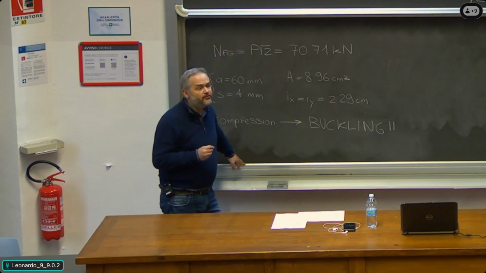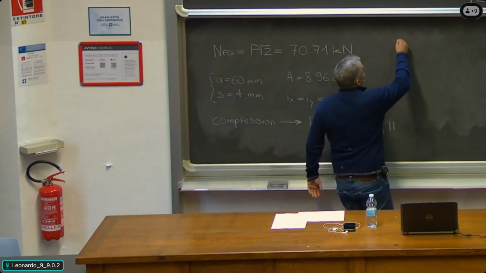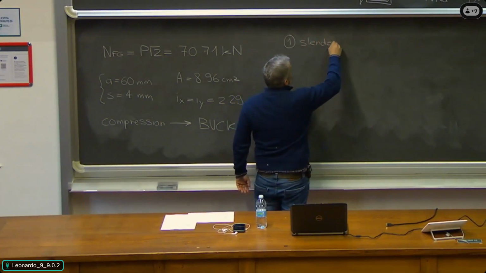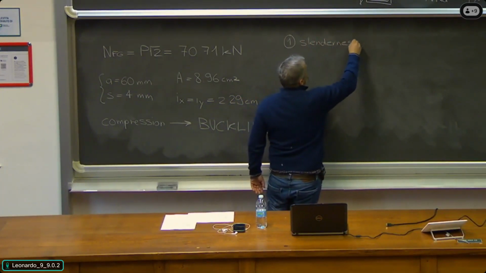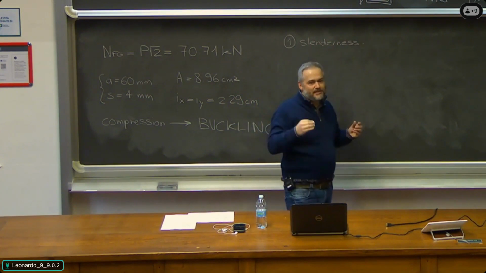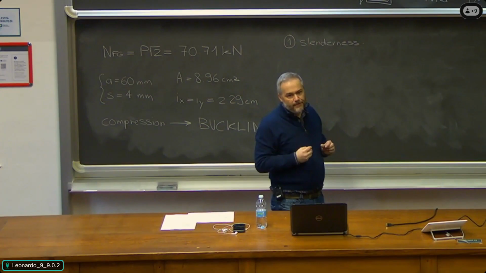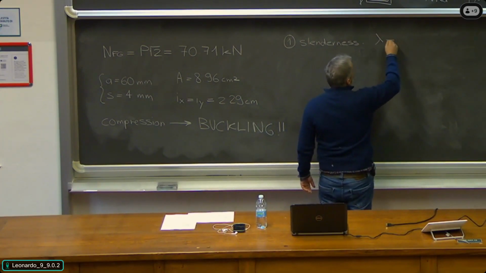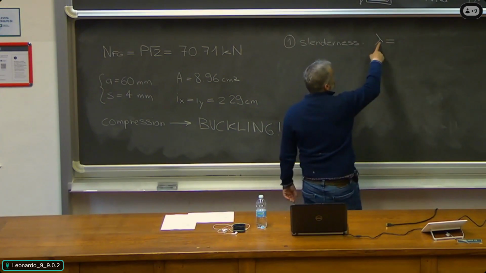So the first thing you have to calculate is slenderness, which means how elongated my member is with respect to its cross-sectional area. The indicator of this is a non-dimensional quantity which we call slenderness.